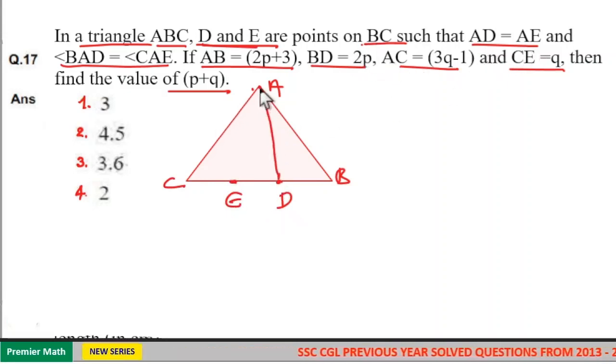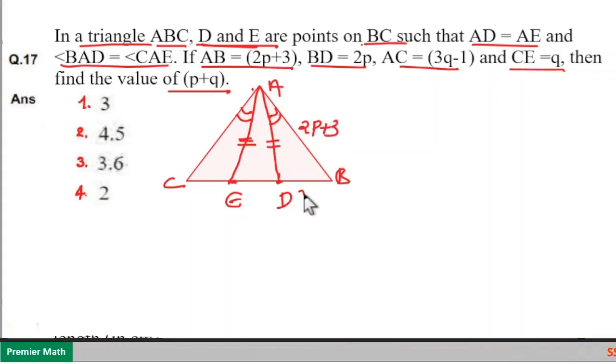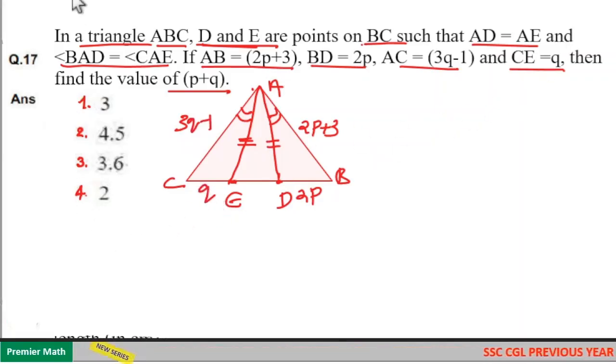That is, these two lengths are equal. And angle BAD is equal to angle CAE. Now AB is 2P plus 3, BD is 2P, and AC is 3Q minus 1, CE is Q.